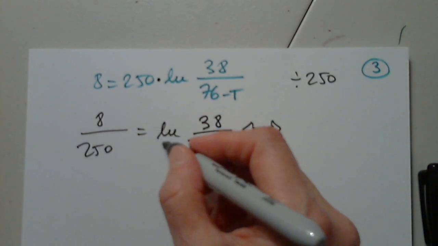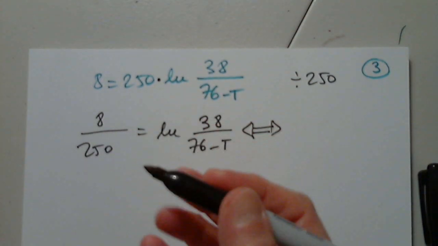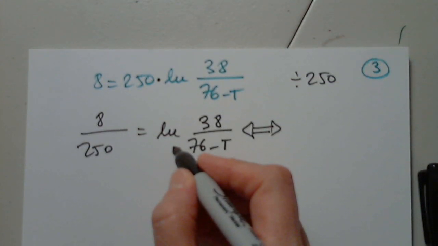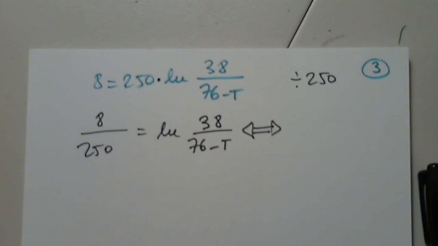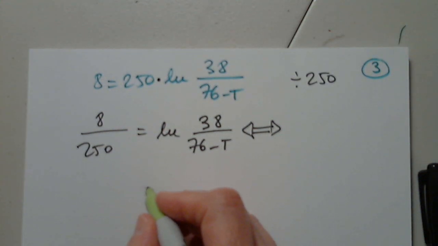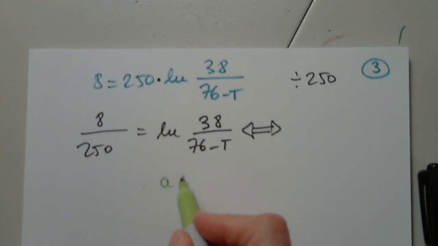Remember, what is the base of natural log? I don't see any base, but we know what it is. What is it? The base of natural log, please. Is it 1? There is no base of 1. 0? The base cannot be 0 or 1.